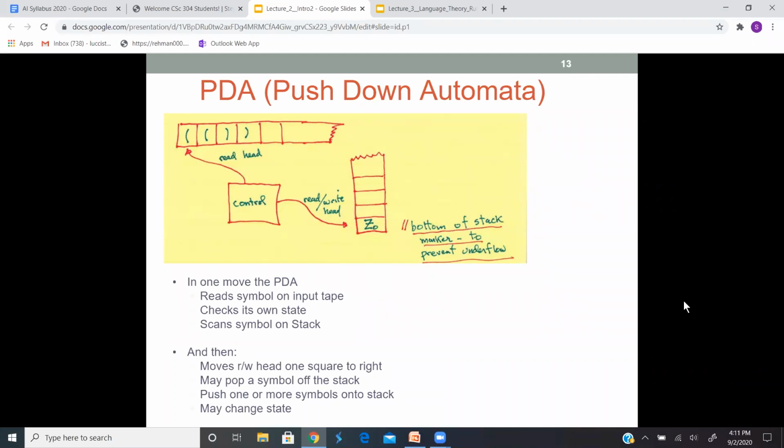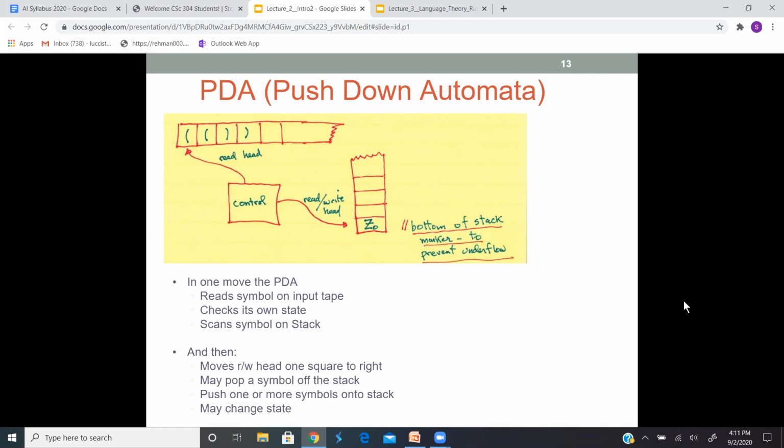But essentially, we want to put something on top of the Z sub 0 that will help us remember that at some point in the analysis of this string, we were scanning a left paren. So maybe we would put a plate. Let's just do it lightly now. Put a plate on top of the Z sub 0, okay? And move the read head to the right 1 square.